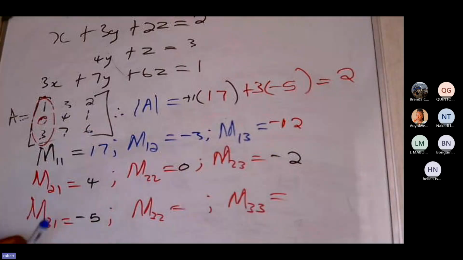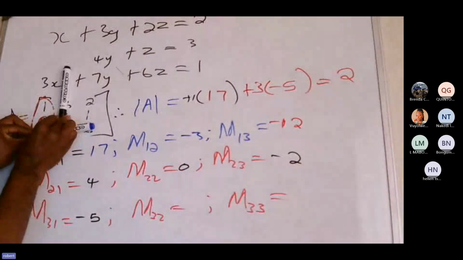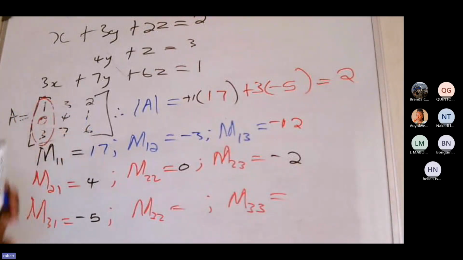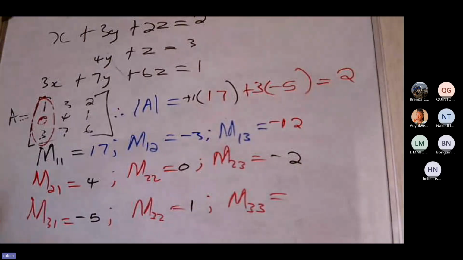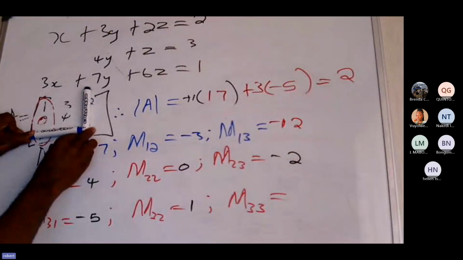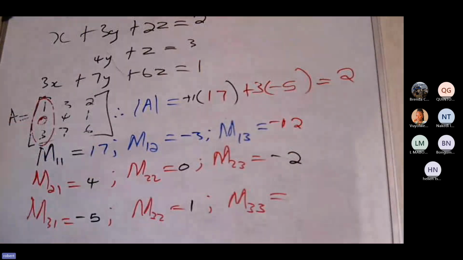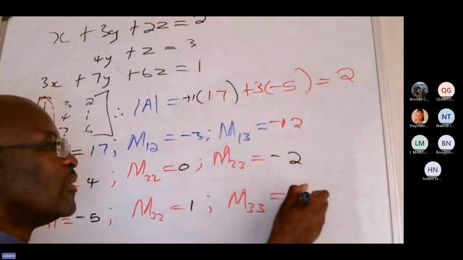Then from there it will be M32. You cover this, you cover this. It will be 1 minus 0. It will be 1. Then from there, what about M33? You cover this, you cover this. So it will be 4 minus 0, which is 4.